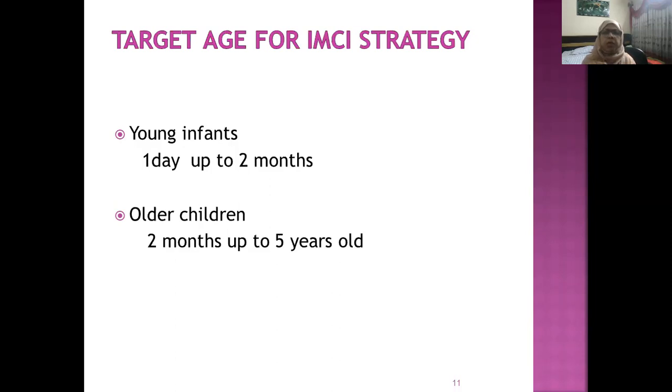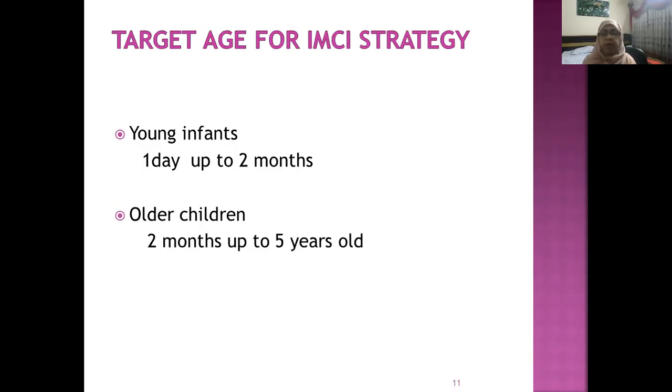So suppose a young infant of 15 days old, the baby may have severe bacterial infection, may have umbilical infection, may have jaundice, deep jaundice, may have profuse discharge from eyes, like that. But in older children, the disease pattern is different.